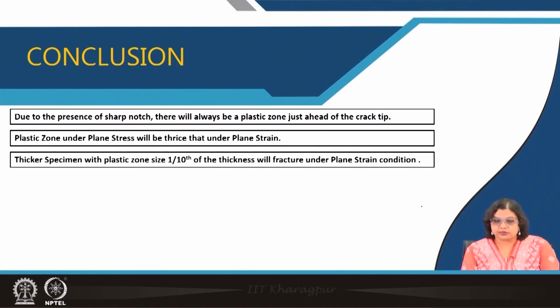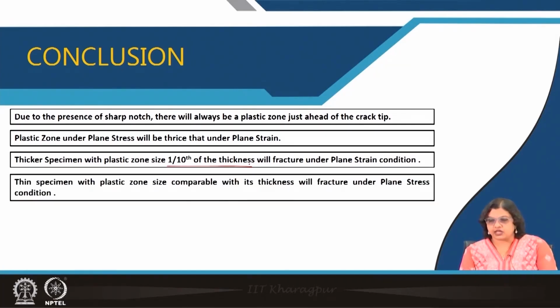Okay. Now, a thicker specimen will have a plastic zone size equivalent to 1/10 of the thickness. So, that means the plastic zone size is very restricted. On the other hand, a thin specimen will have a plastic zone size almost comparable with the thickness, and that will lead to a change in the fracture mode.